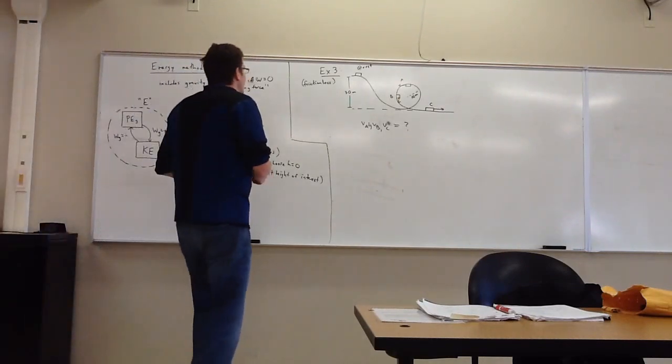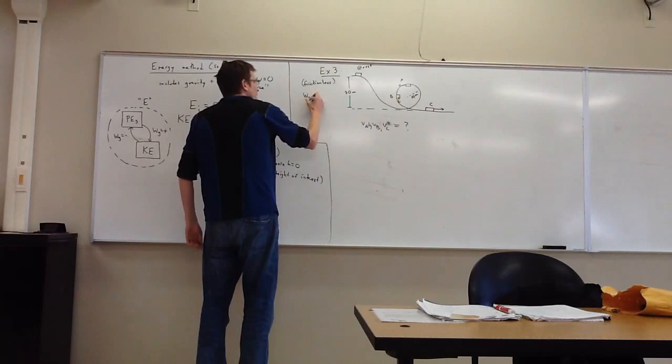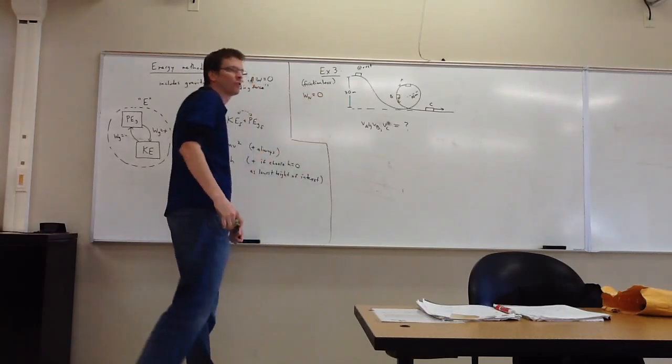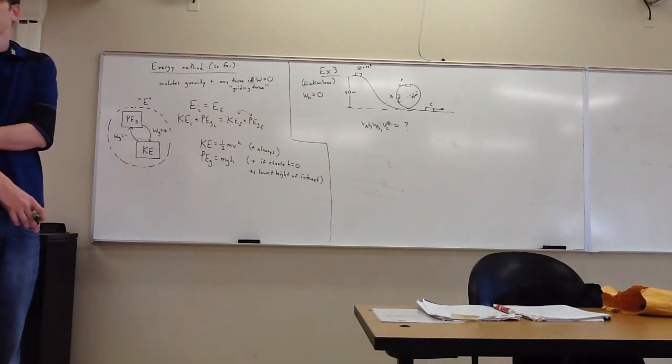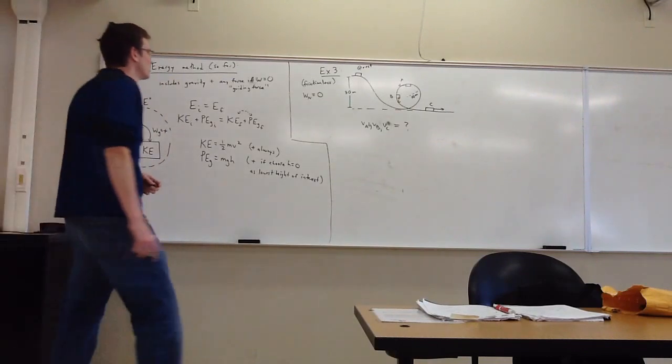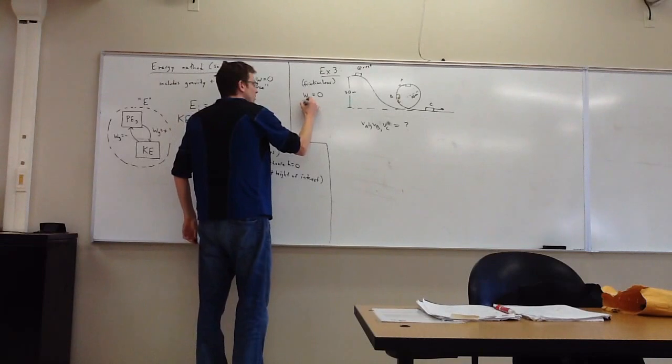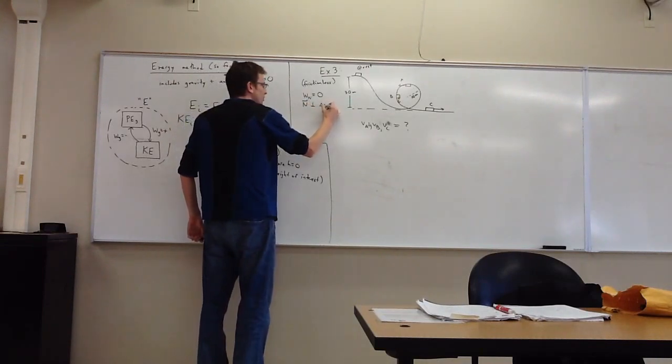Luckily, the work done by the normal force is 0. So at all times, the force from the track is perpendicular to the motion. So the normal force is perpendicular to the displacement at all moments.